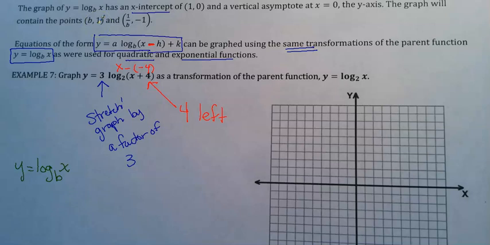But let's pick some points out here for our chart. Let's pick some x values that we want to use. We've got a 3 here, so maybe we should do a 3. I'm trying to think what I should use for x values.